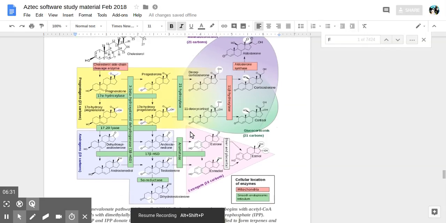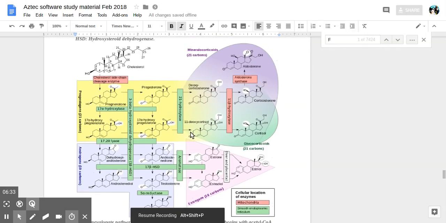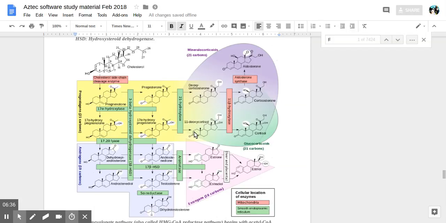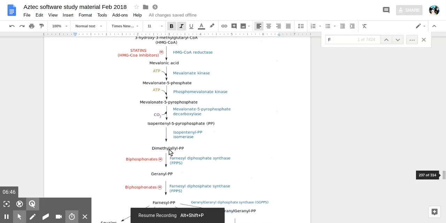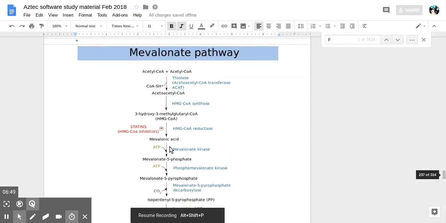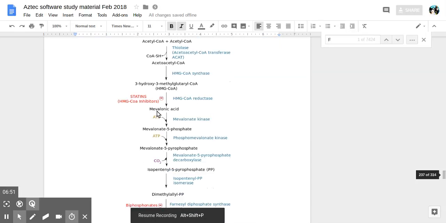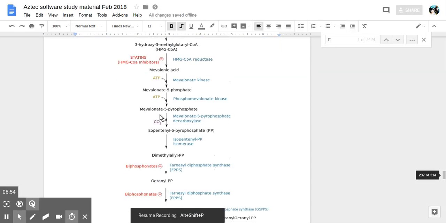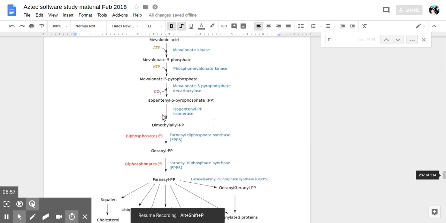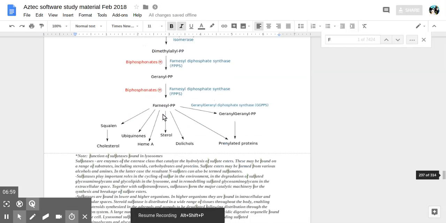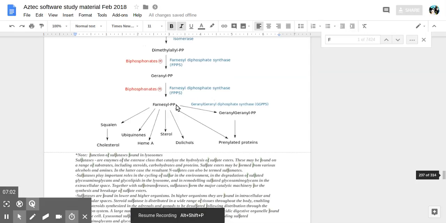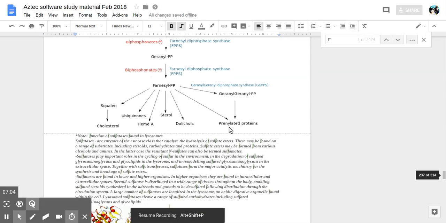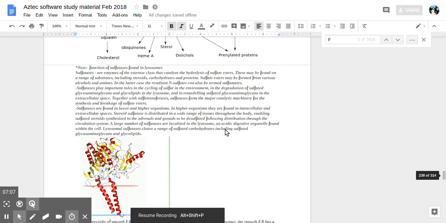Mostly steroids and lipids are produced in the smooth endoplasmic reticulum. Some of the enzymes are also coming from the mitochondria. The mevalonate pathway from acetyl-CoA. So dimethylallyl pyrophosphate yielding cholesterol, etc.